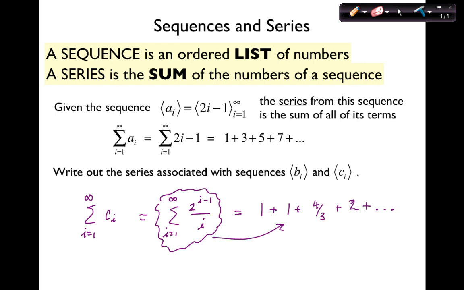And even if you don't write it, you're thinking that. You see this thing that I put a cloud around, and you're thinking, oh, I'm adding up what I would get if I put i equals 1 in, and then if I put i equals 2 in, and i equals 3, and then i equals 4, and I kept doing that, and I added all those up. That's what this means. It's a value. It's the sum after you add them all up. So that's c_i. So I trust b_i. It's no problem then. Any questions on that?